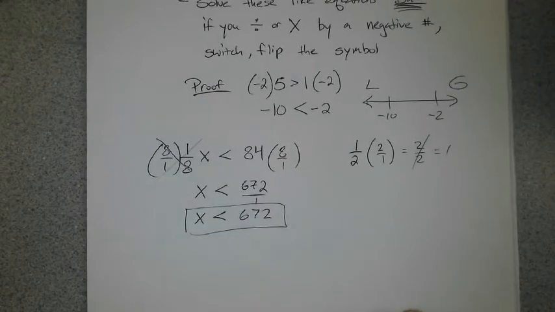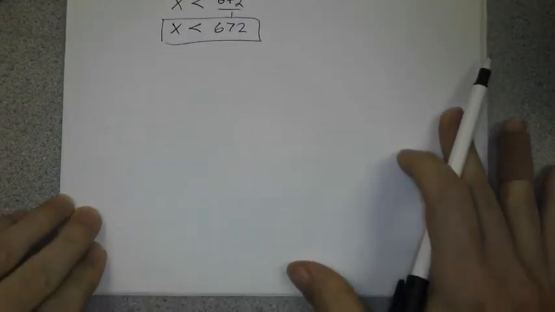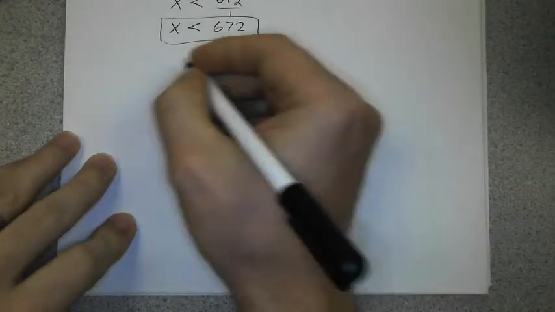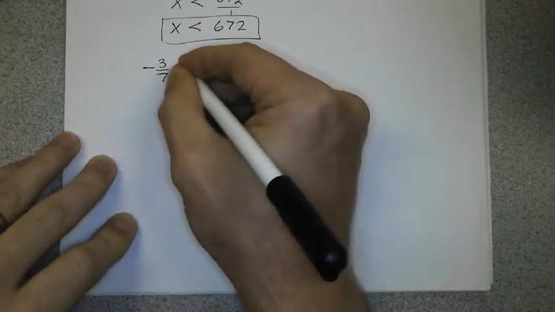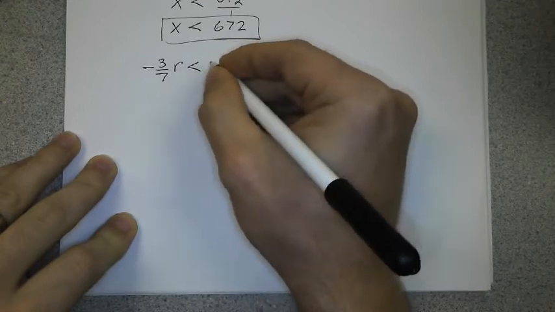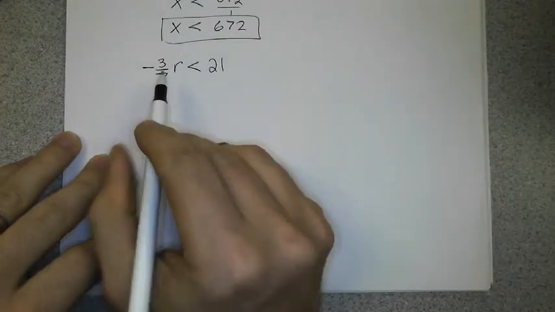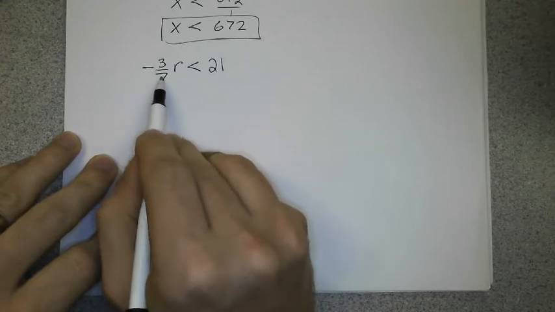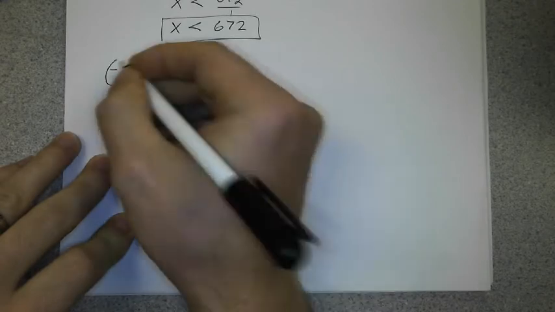Okay, so let's take a look at some examples that actually involve negatives, just like I warned you about up here. So let's say we have negative 3 over 7 r less than 21. Well, I want to get this r alone, and the coefficient is negative 3 over 7. So I'm going to multiply by the reciprocal, which would be negative 7 over 3.